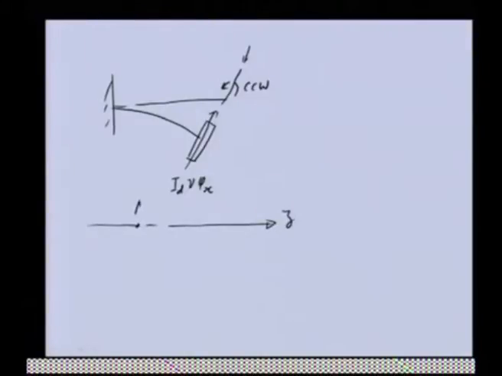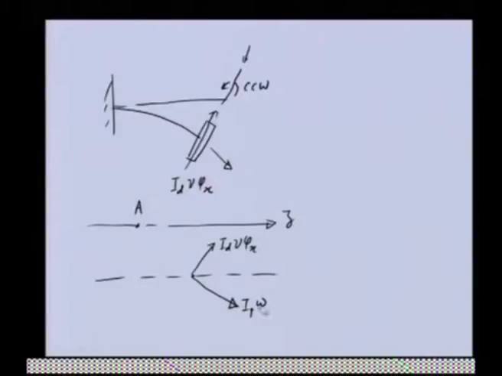Let us say point A, which was the cone apex, is this one, and let us say this is the disk center line, and we had an angular momentum in this particular direction, and there is another angular momentum, this one, which is having magnitude ID nu phi x, and this angular momentum had magnitude Ip omega.